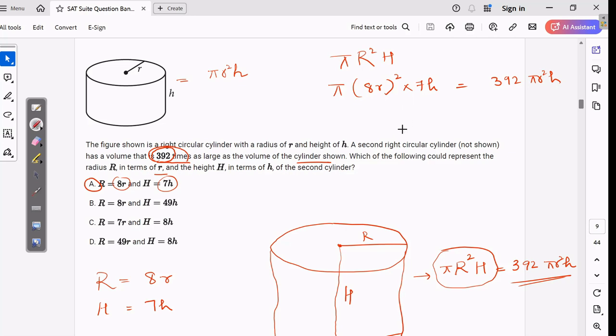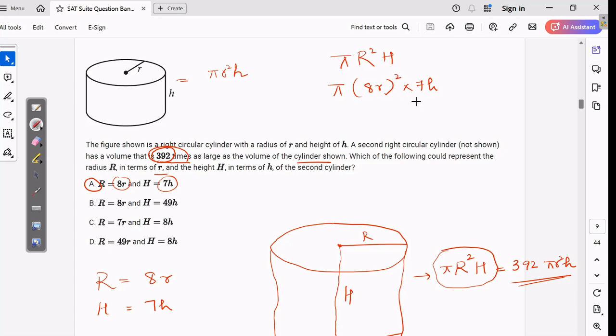No, you don't have to divide it, Anika. Simplify this and tell me what you get. What is 8r square? 64 r squared times pi times 7h.